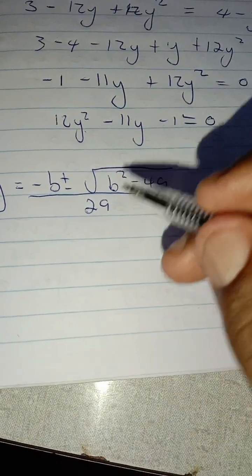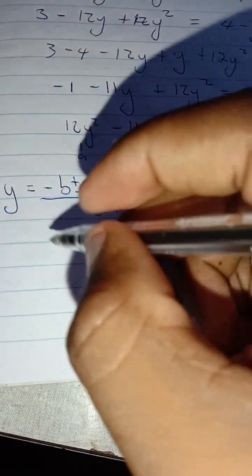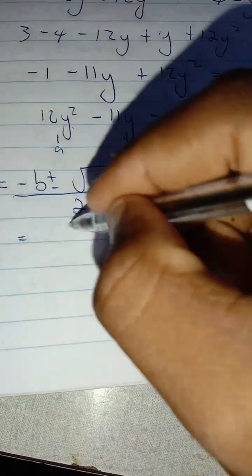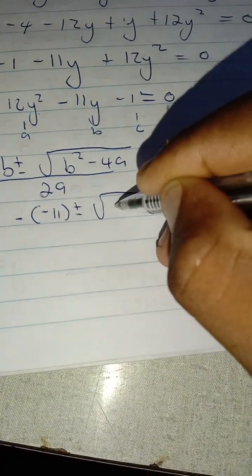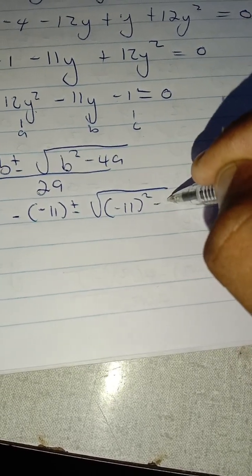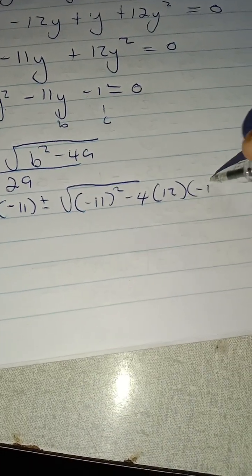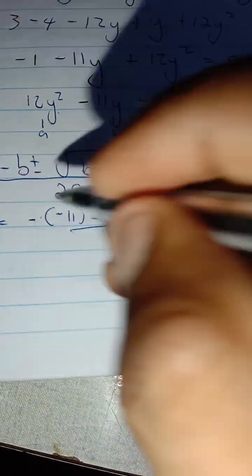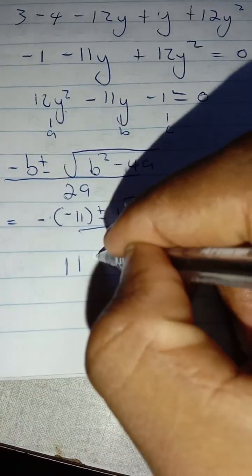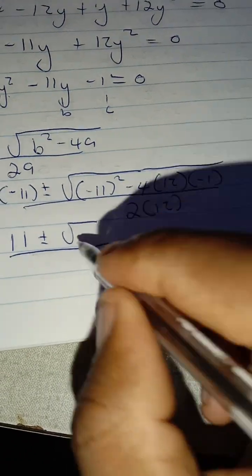So substitute, this is a, this is b, this is c, so we're gonna have negative negative 11 plus minus square root, and then negative 11 squared minus 4a is 12, and then c it's negative 1, and then over 2a, a is 12, and then positive times positive, negative times negative is positive 11, plus minus square root, and then 2 times 12 is 24.